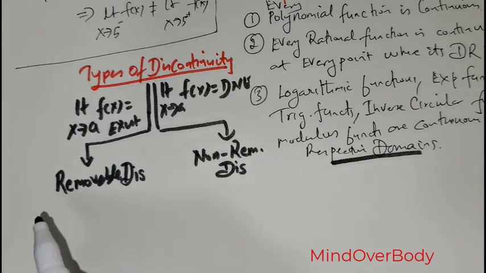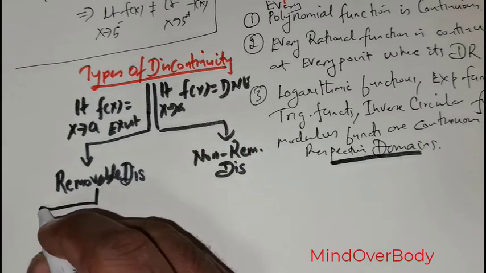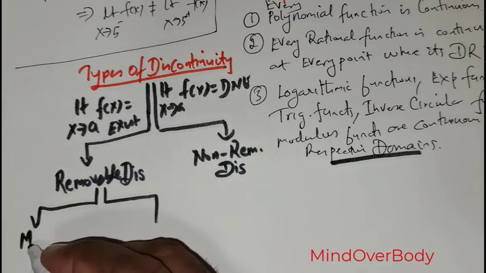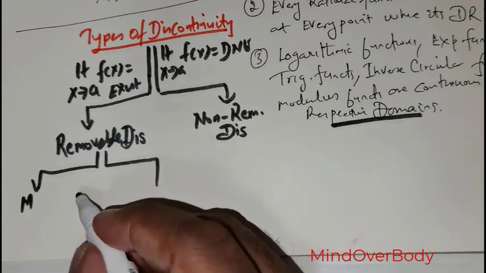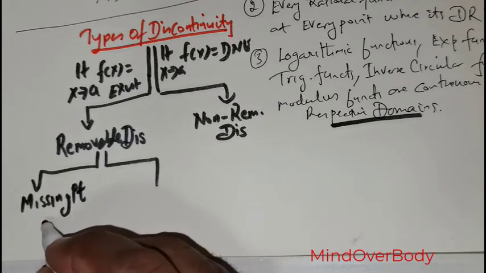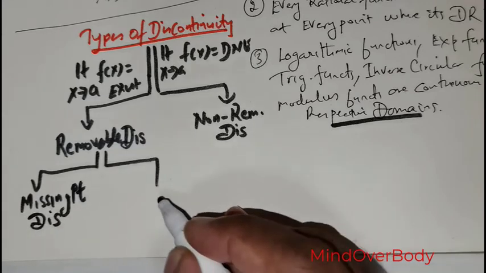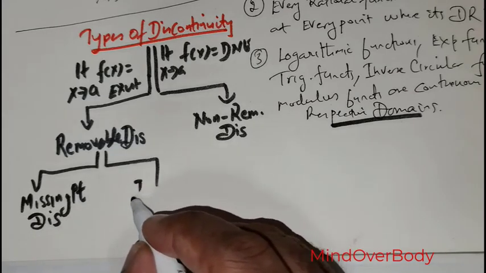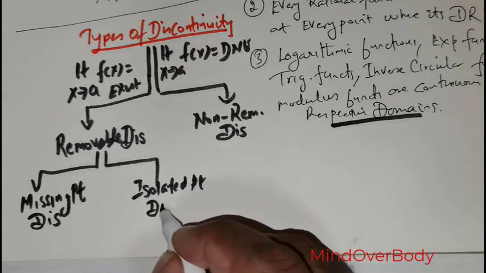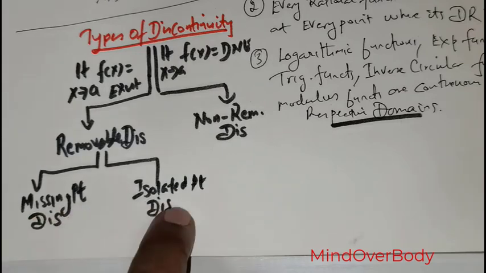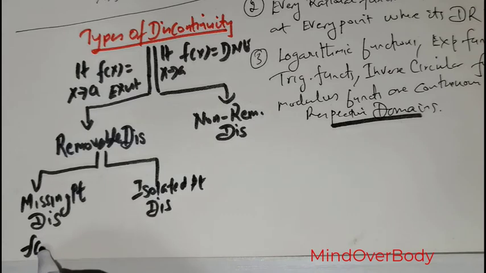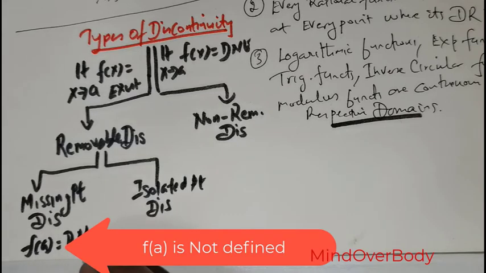Now in removable discontinuity, you got 2 further classes, and for that we got what is called missing point discontinuity and isolated point discontinuity. Now in missing point discontinuity, f of a does not exist.